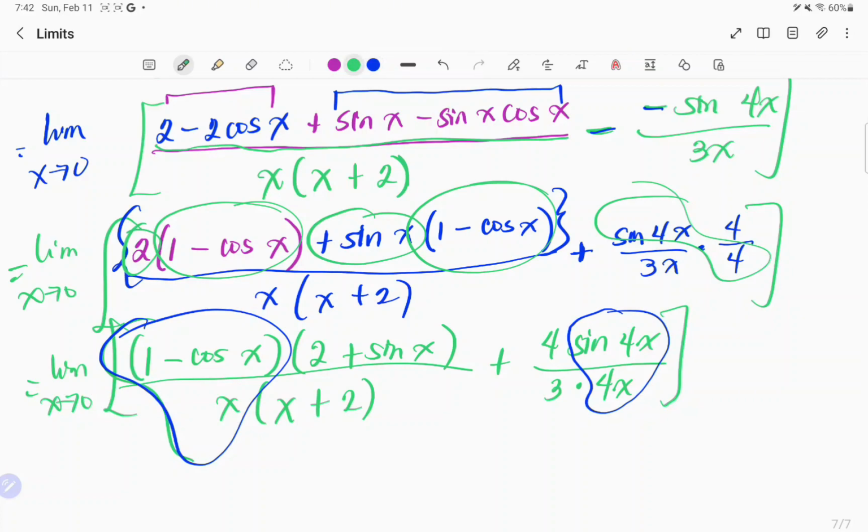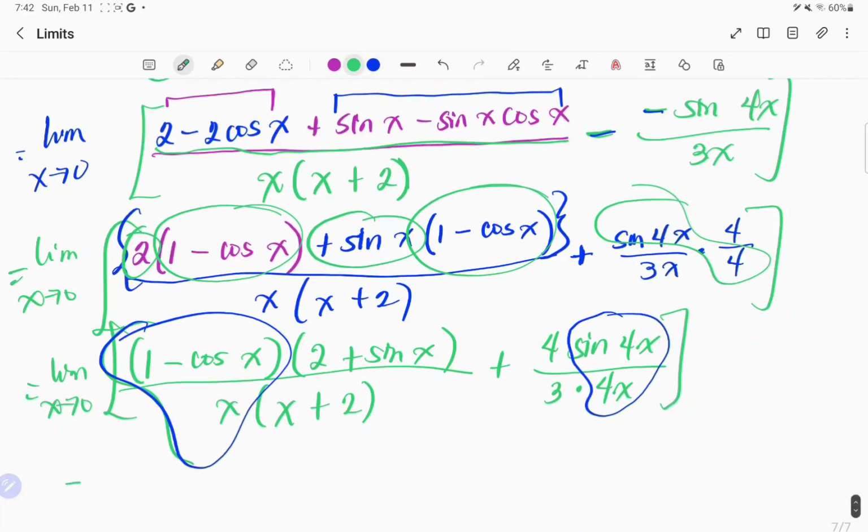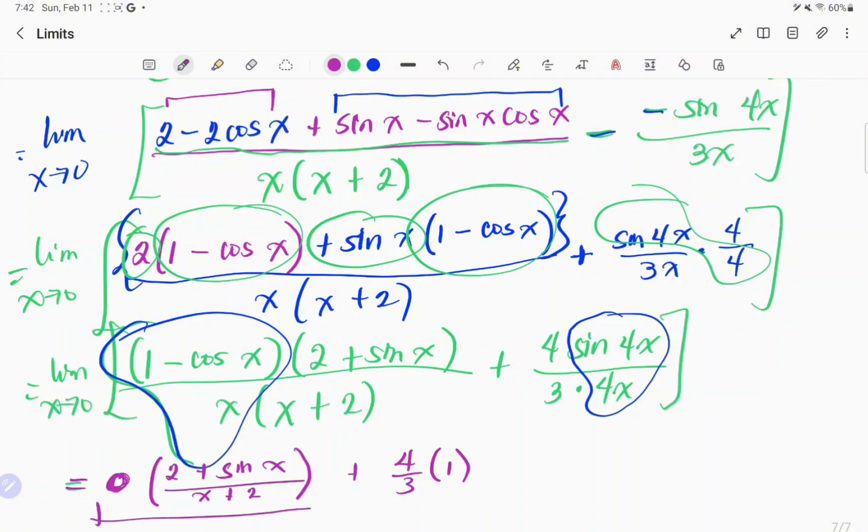So I can rewrite this as 0 times 2 plus sine x over x plus 2, plus 4/3 times 1. And any number multiplied by 0 is 0. So this first term will become 0. And any number multiplied by 1 is the same as the number, plus 4/3. Therefore, the answer is 0 plus 4/3, 4/3.